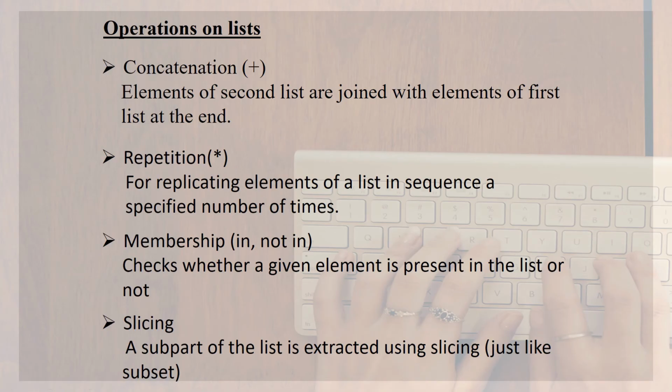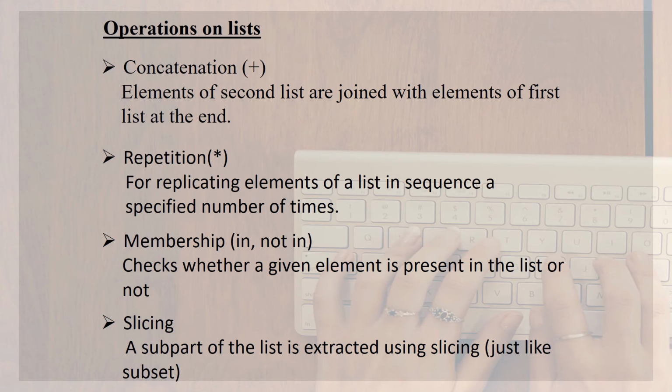Next is what operations are allowed in a list using some operator symbols. There are 4 operator symbols that can be used on a list. Concatenation, that means the plus sign. Concatenation means joining one list to the end of another list. Repetition is again the replication operator wherein we can print a list a specific number of times using the star.